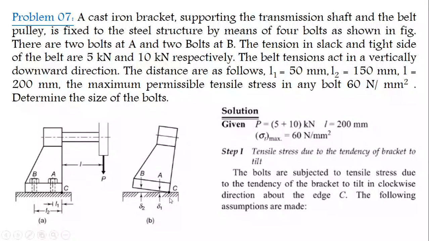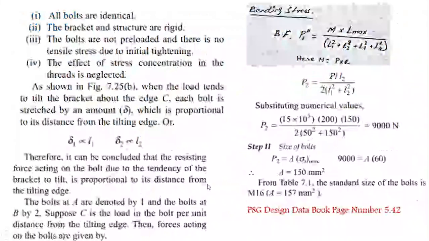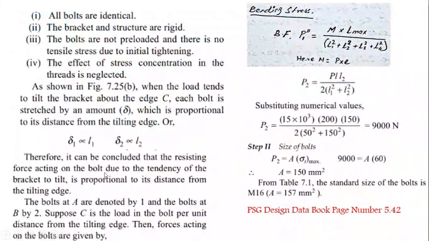Therefore, it can be concluded that the resisting force acting on the bolt due to the tendency of the bracket to tilt is proportional to its distance from the tilting edge.